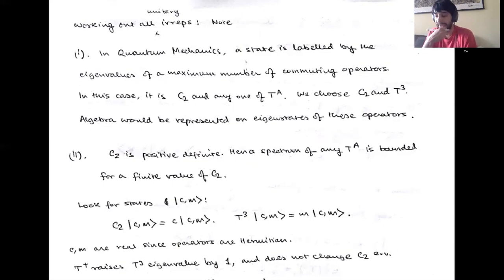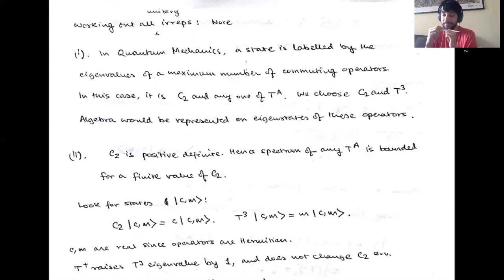In quantum mechanics, as you remember, a state is labeled by a complete set of commuting observables, or the eigenvalues of the maximal number of commuting operators.